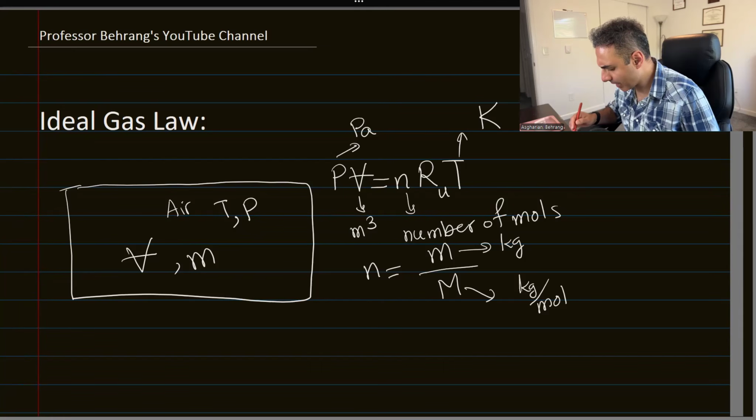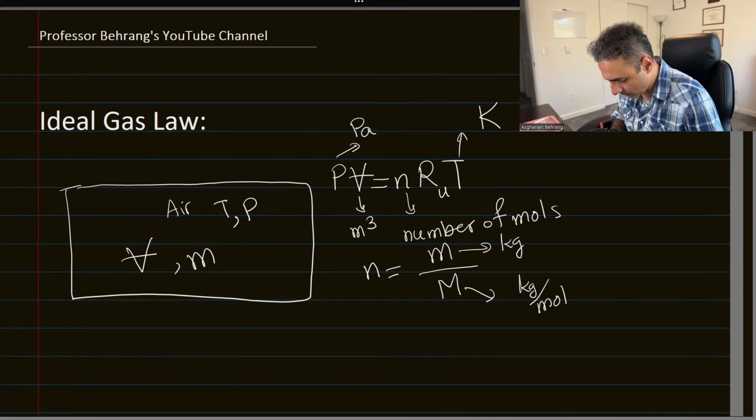As a result, when you try to find the unit for the universal R, the unit for universal R is joules per mole Kelvin.